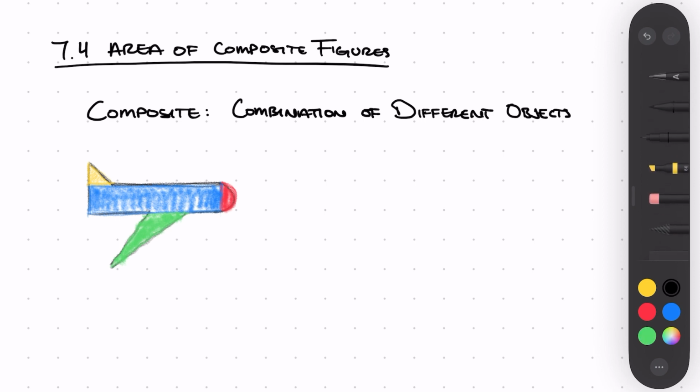And if I were to actually label what I'm seeing here, that is a semicircle. This right here would be a triangle. The tail would be another triangle.